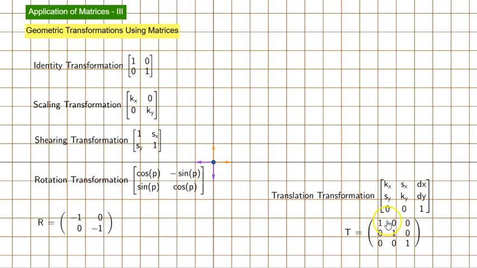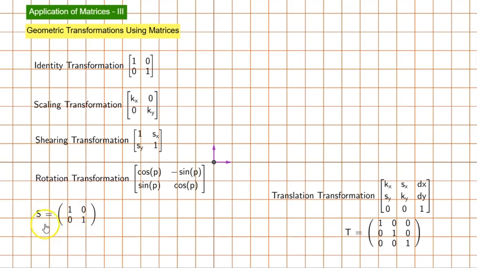Okay, so let's start with this. Here you will notice that the top left block of the matrix is the identity transformation. Now let's bring in the original identity transformation, and let's bring in the transformation related to translations. Identity means it remains where it is. Now let's change dx to 2.